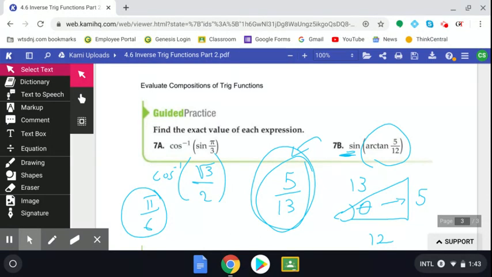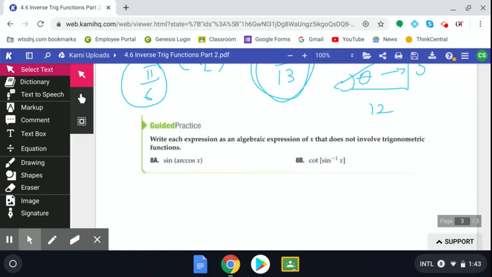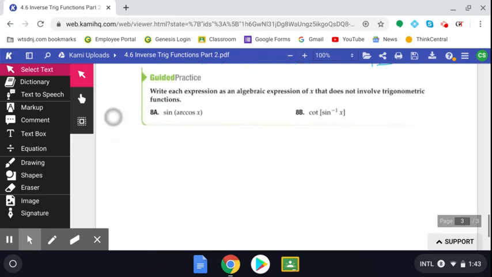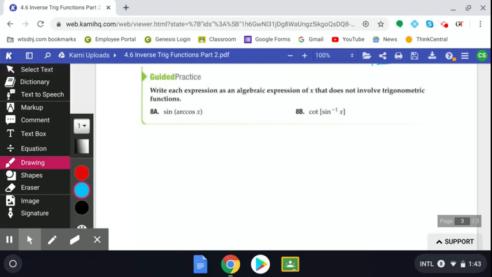And then the last thing you need to know is how to write an algebraic expression of x that involves these trig functions. So here, all you need to use pretty much is the Pythagorean theorem. So arc cosine x. I'm going to draw my little triangle.